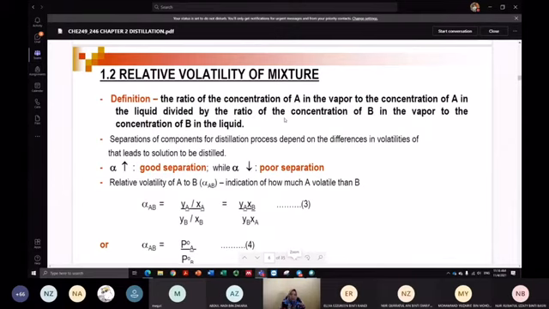Okay, so this relative volatility calculation will give you the initial information whether to proceed or not to proceed on the distillation process for your mixture.